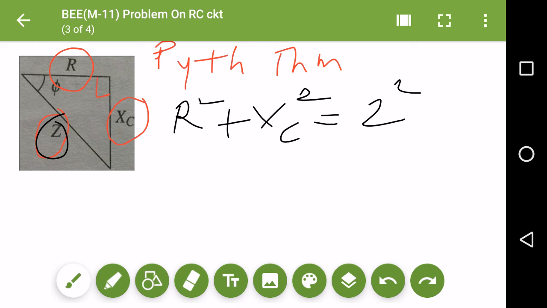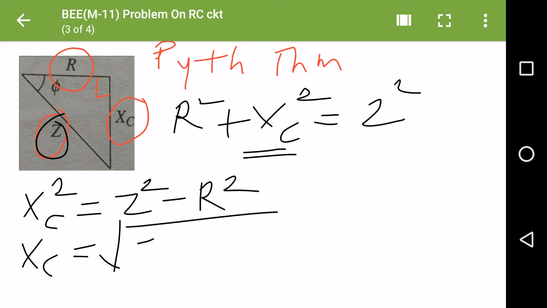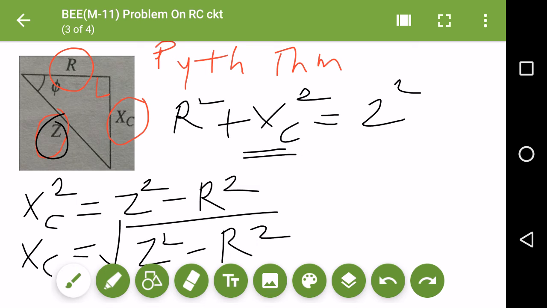I need to find Xc, so I take R square to the other side and get Xc square equals Z square minus R square. Now taking the square root on both sides, Xc equals the under root of Z square minus R square.